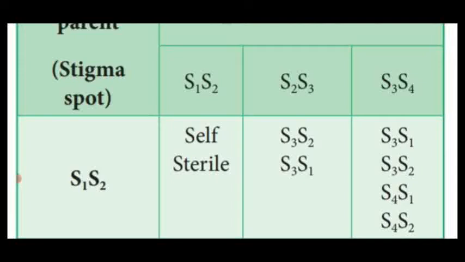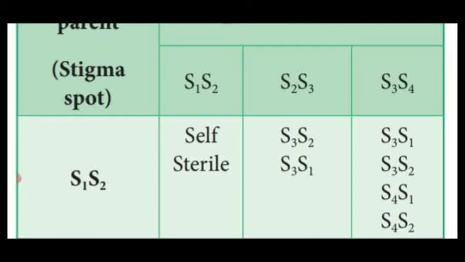Then S3 and S1, S3 and S2. So these are all the two alleles. So why are we multiplying only S3? Because they have a common allele, that is S2, which is present in both the male and female sex organs. So we leave the S2 and we have only S3, which is multiplied with S1 and S2. So we are getting S3 and S2, S3 and S1.